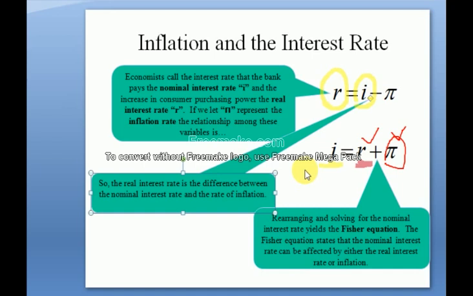For example, let's suppose the interest rate is 5% and the inflation rate is 8%. So we are receiving 5% interest after 1 year, that is 5,000 on a 1 lakh deposit.